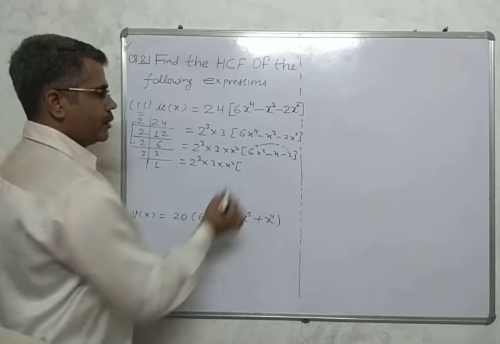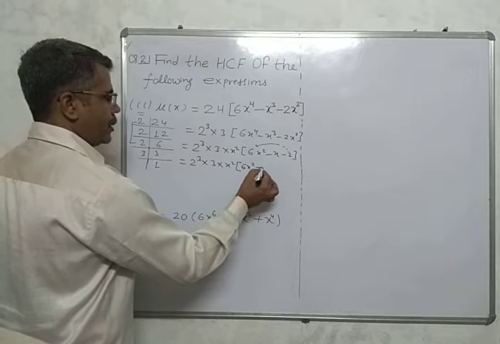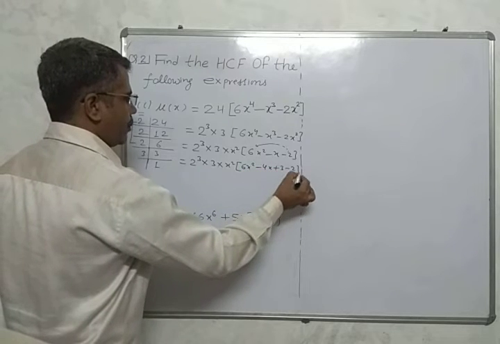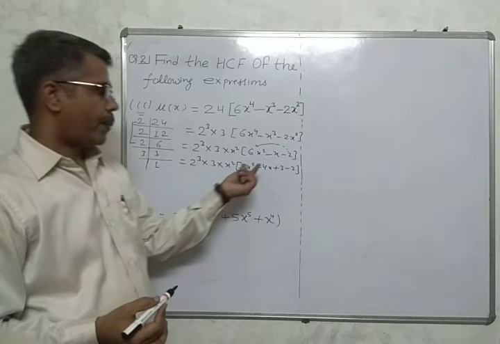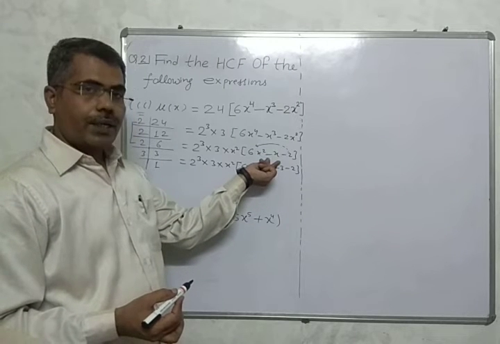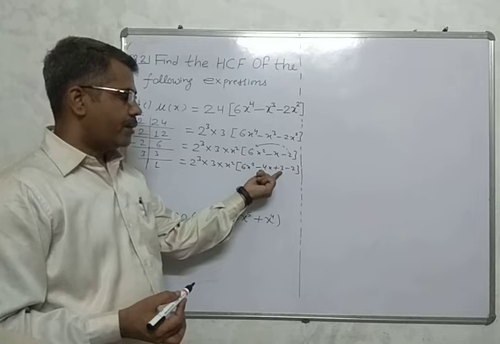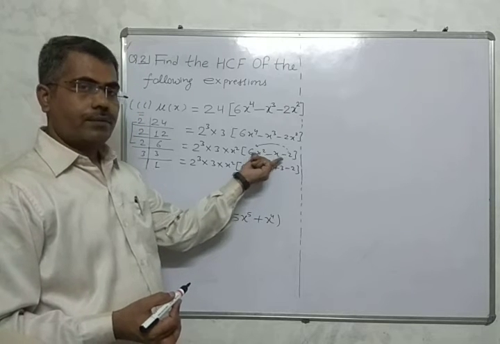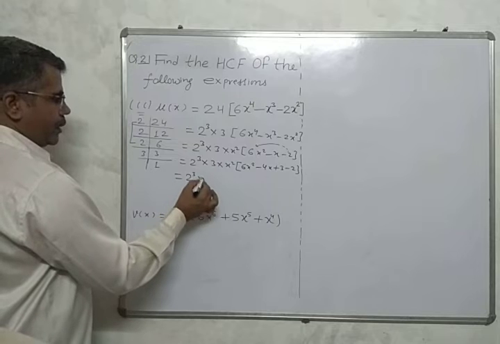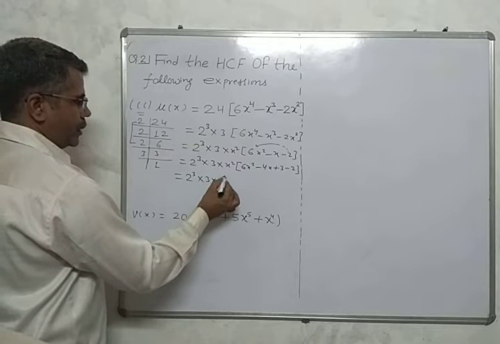So we write 6x square minus 4x plus 3x, because if we add we have minus x, and if we multiply we have minus 12. 2 to the power 3 into 3, x square as it is.